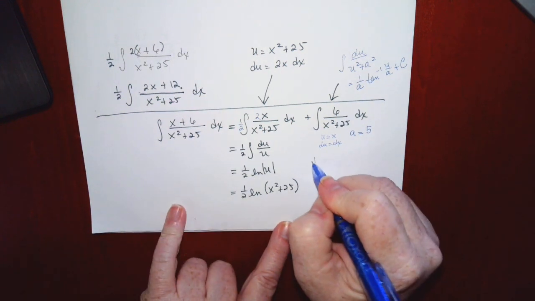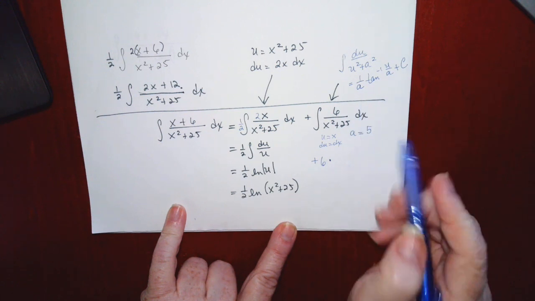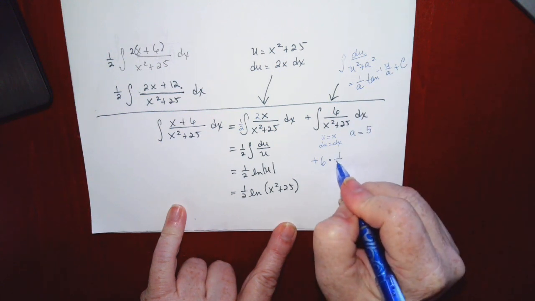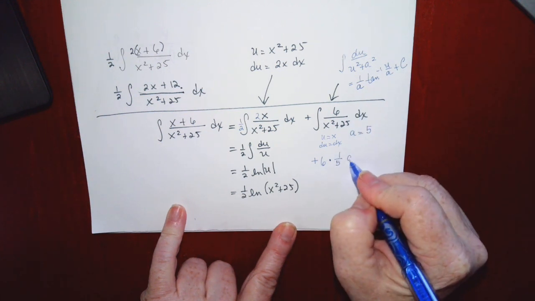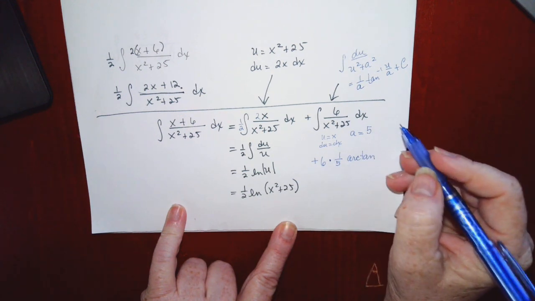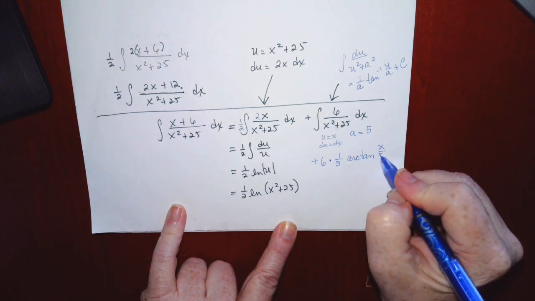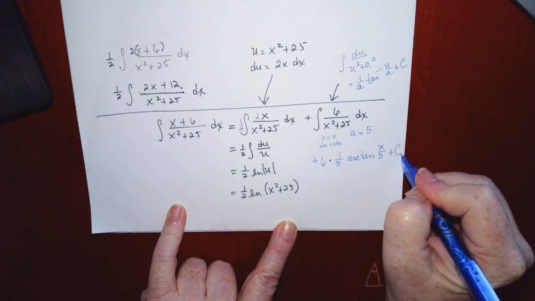So we will have plus 6 times 1 over a, which would be 1 over 5, arctan, or if you prefer tan inverse, of u over a, which would be x over 5, plus c.